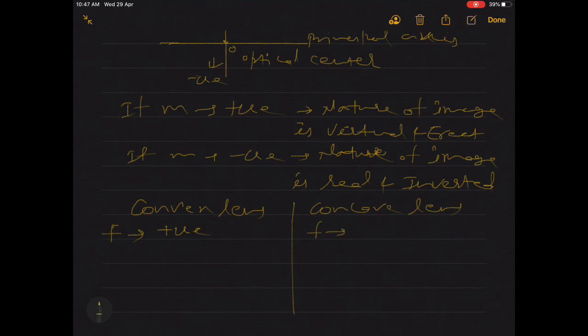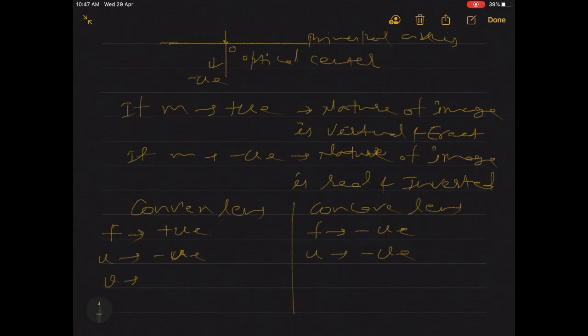For a concave lens, the principal focus lies on the left side of the optical center, so focal length would be negative. The object you always place on the left side, so u would be negative, and here also u would be negative.